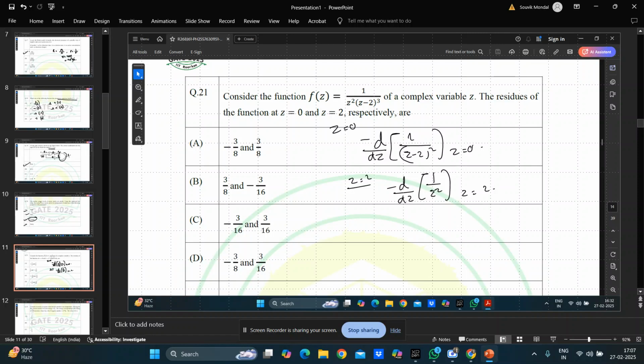Sorry, this is (z minus 2) cube, and this is 1 by 2 factorial d2/dz2 of 1 by z square. So this is not minus, this is minus 1 to the power 2, so it is plus. If you solve this, you will get minus 3 by 16 and 3 by 16. This is a straightforward calculation, I am not doing it, you can solve it, right?